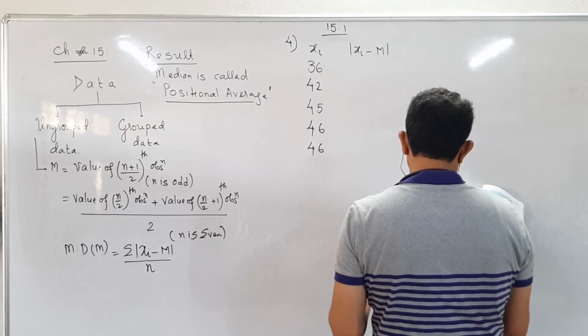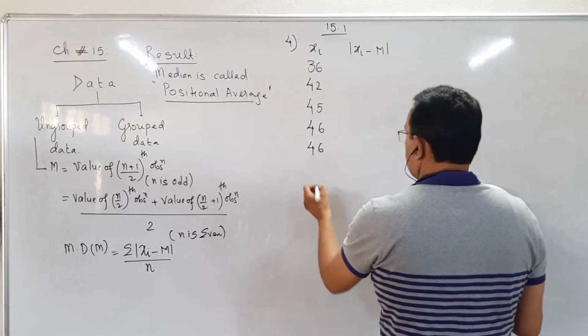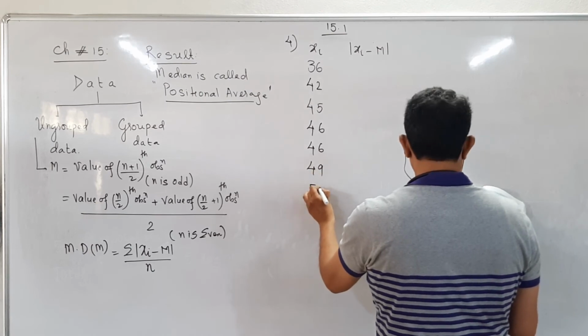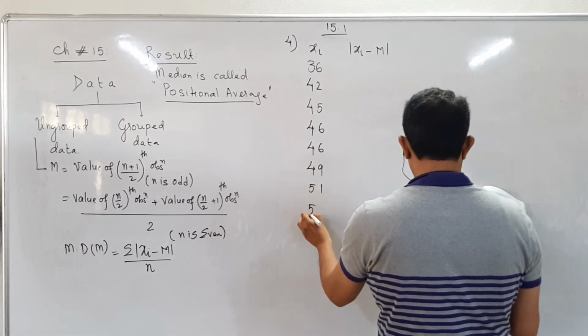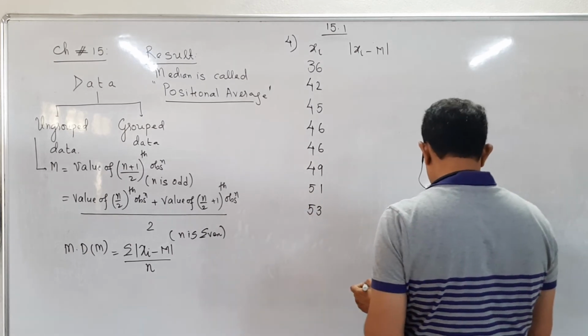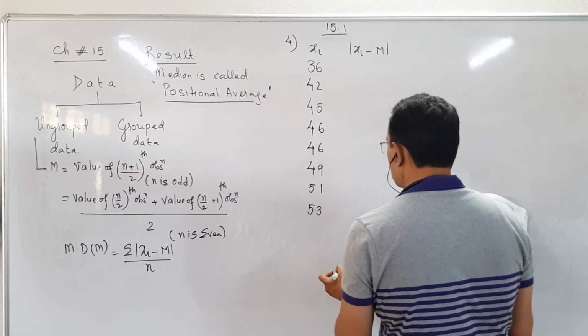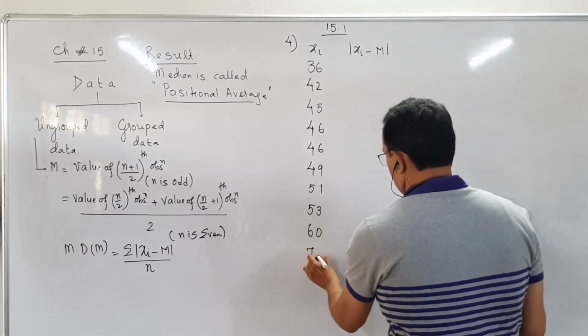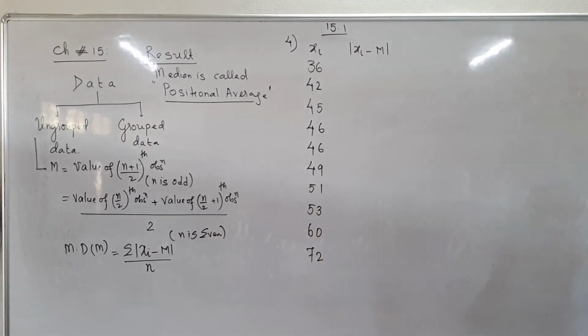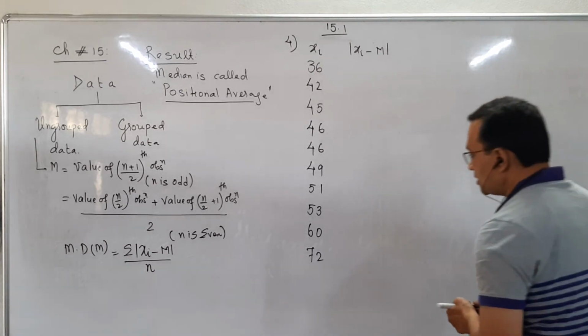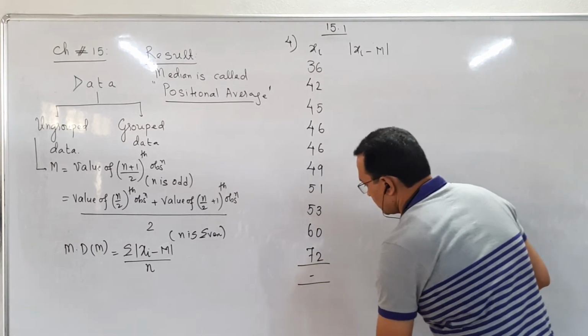After 46, students, we have 49. Then we have 51. Then we have 53. Then, students, we have 60. And then 72. Okay. So the ascending order goes like this: 36, 42, then 45, 46 is repeated twice, then 49, 51, 53, 60, and 72. Again, the total is not required.